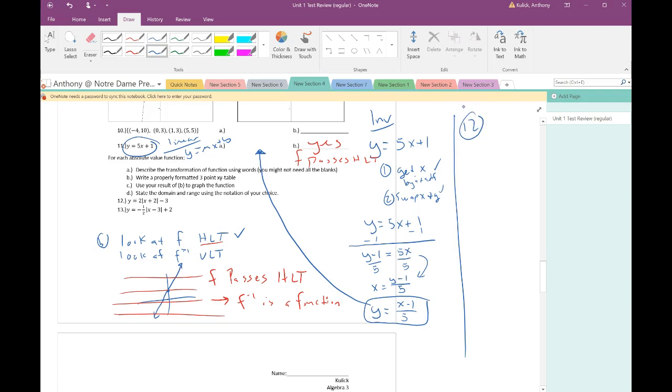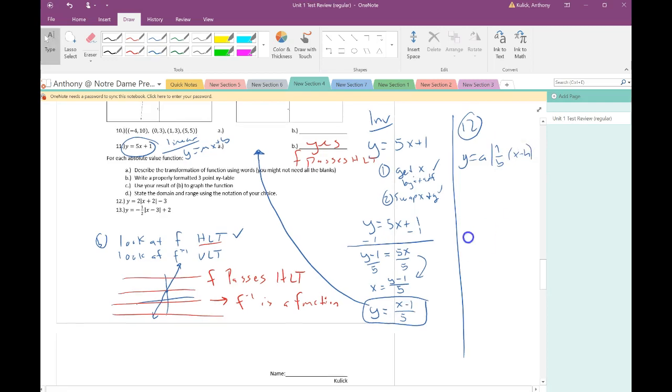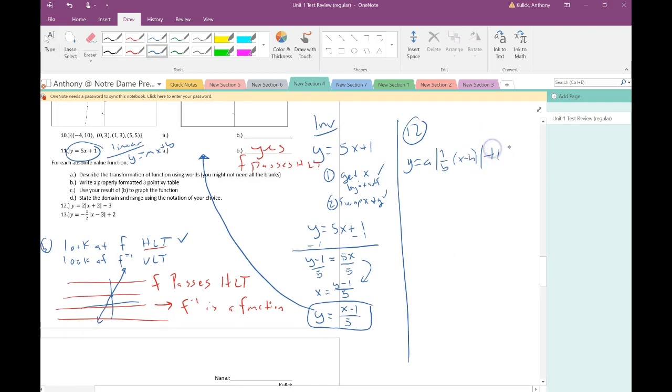It says, describe the transformation of the function in words. So I'm going to think about this form and identify the values for A, B, H, and K. For this one, the A value is here, so that's 2.